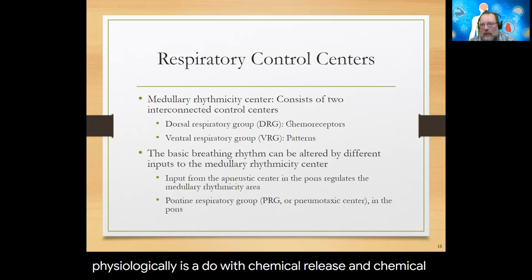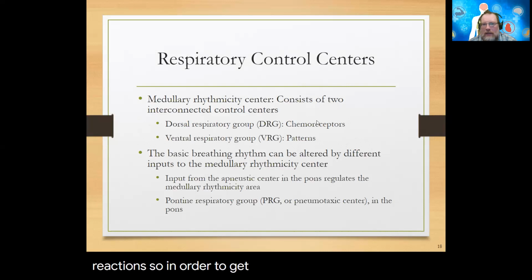So in order to get the MRC to activate, there are going to be chemoreceptors in the dorsal area of that region, and then patterns of respiration as well. So the rhythmicity center. What's the breathing rhythm?